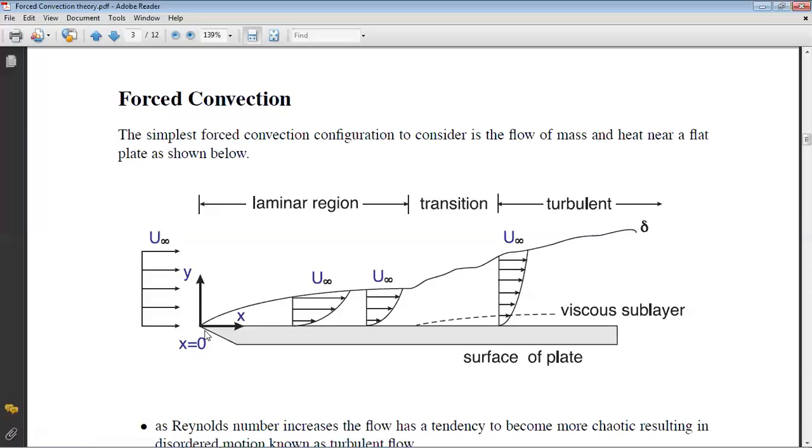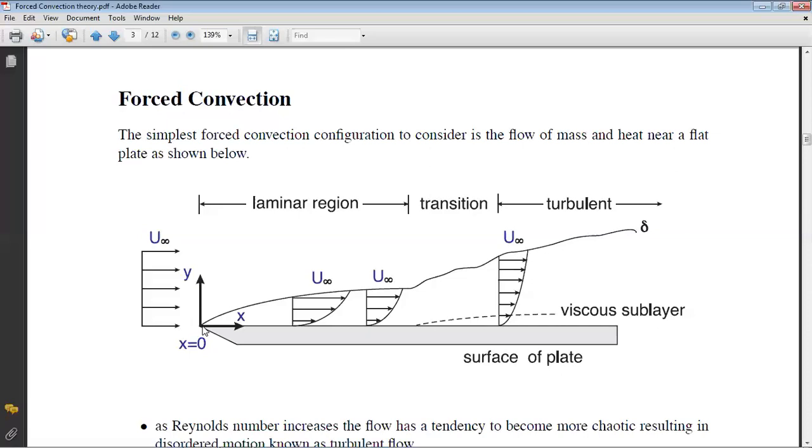At this point, when air is flowing and when it passes over the plate, the air layer which is adjacent to the plate will lose its velocity, and the velocity at this point, which is very near to the surface, will be 0.